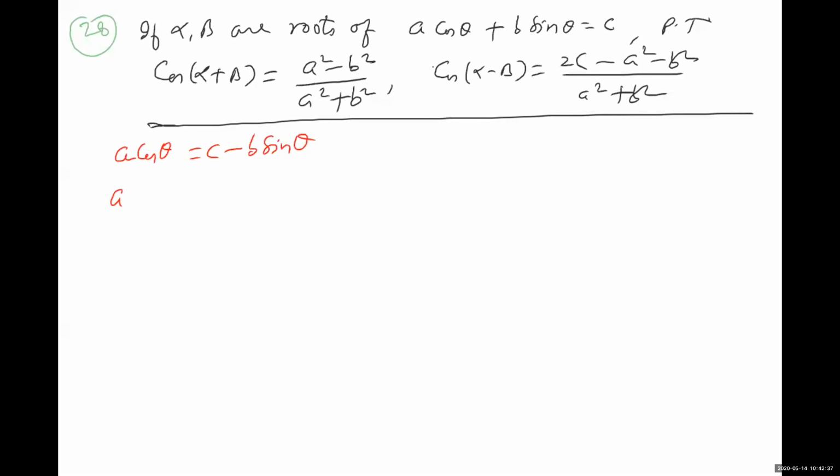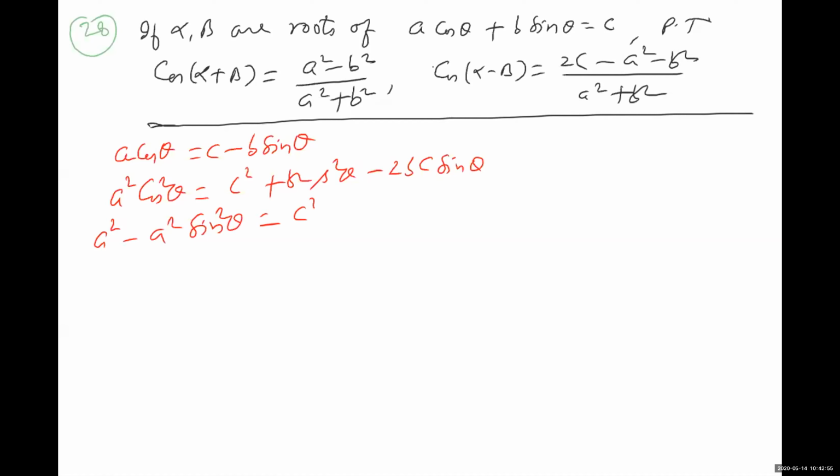If you square, you will get a square cos square theta is equal to c square plus b square sin square theta minus 2bc sin theta. So this now you can convert in sine form: a square minus a square sin square theta is equal to c square plus b square sin square theta minus 2bc sin theta.